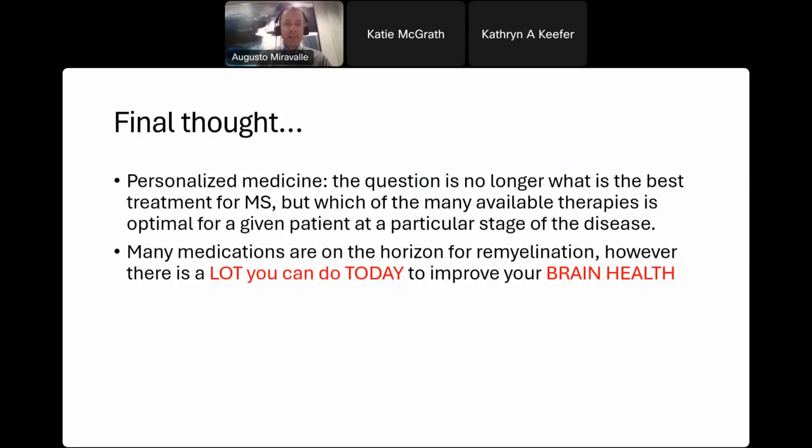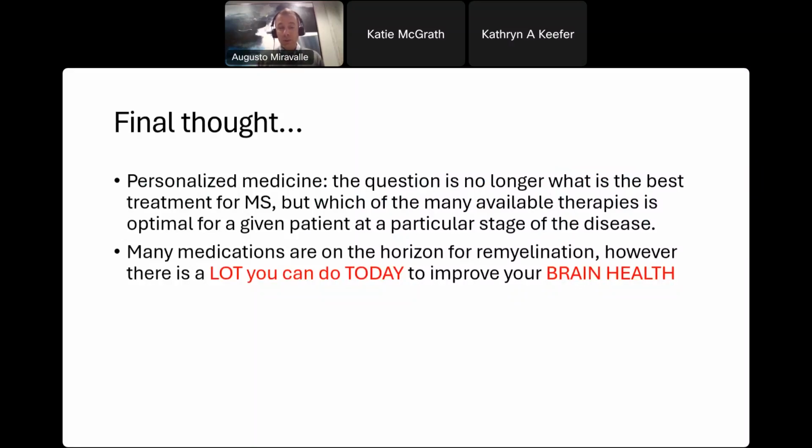So just to finalize this first portion of the talk, there are some promising medications on the horizon. Interestingly, perhaps the ones that have the most promise are repurposed drugs from other indications, medications that are already available. We are not in prime time to recommend them, simply because we don't have all the data that we want.